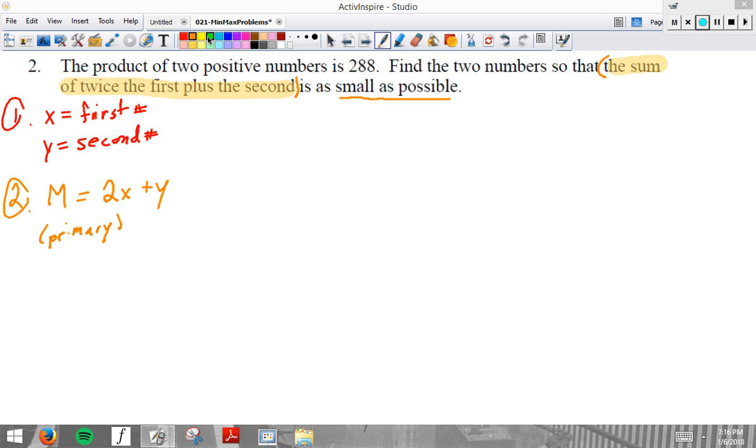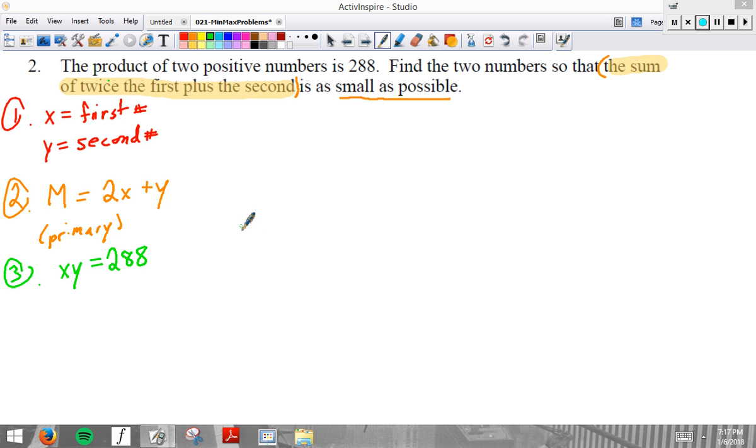Now we think about our secondary equation, also known as the constraint equation. The constraint equation in this case is this first sentence: the product of two positive numbers is 288. So the constraint equation says the product, multiplying them, has to be 288.